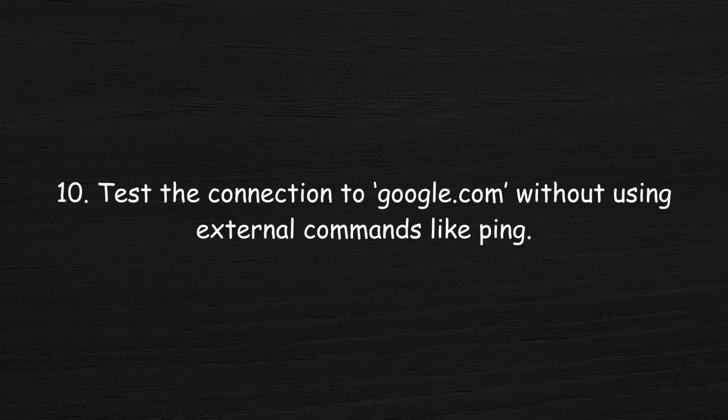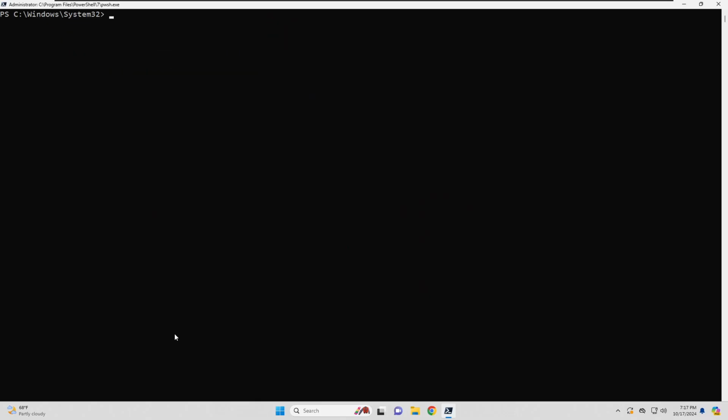Test the connection to google.com without using external commands like ping. I'm sure you are familiar with the ping utility, which is used to test network connections, and we use that almost daily. PowerShell also provides a similar cmdlet that works as ping but with more added options. We will check out those options later.